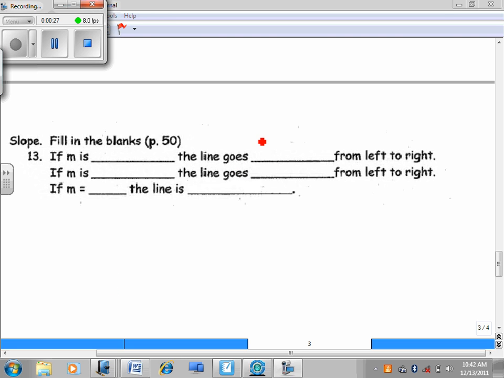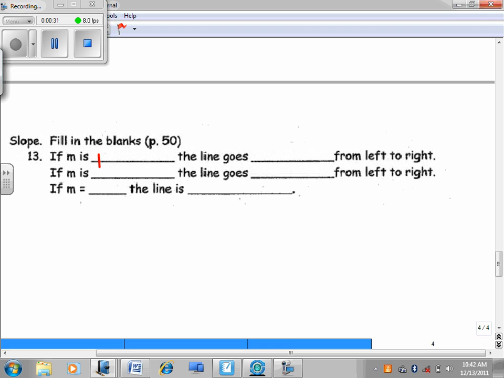We can have positive slope. We can have negative slope. We can have zero slope. The last one's a little trickier, so we'll add that in a minute. Okay, if we have a positive slope, let's see what a positive slope would look like.